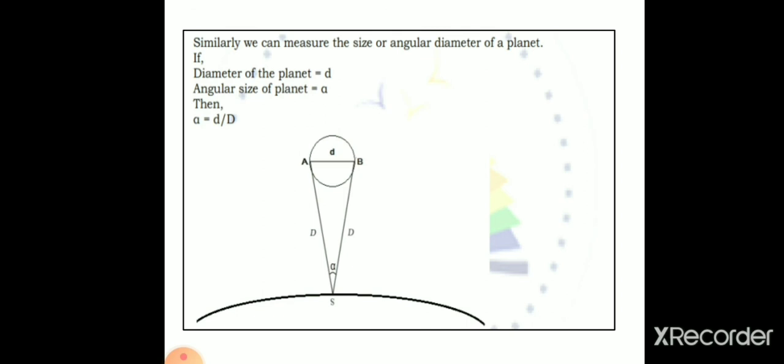Since capital D is already known to you and angle alpha can be measured, small d, that is diameter of the planet, can be determined by the method of parallax.